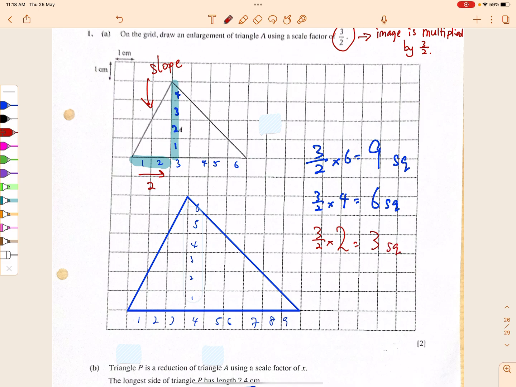So I have 3 squares, which means from the starting point I need to move 3 squares, and then I can move up by 6 squares, right? So this is how I identify the third point.